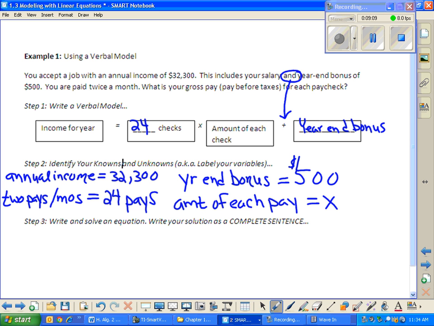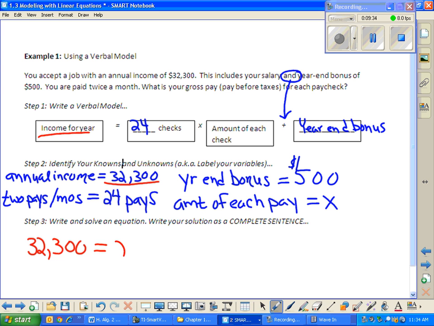For instance, the income for the year is just $32,300. So I'm going to jot that down. I'm going to replace or use my property of substitution to swap out income for the year with $32,300. And then I'm going to bring down my equal sign. 24 checks.